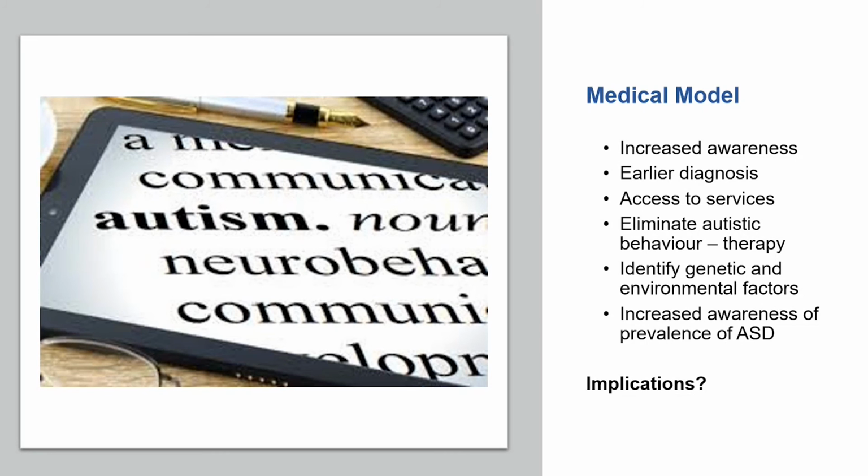Historically, the focus has been on how to eliminate or reduce autistic behaviors, mainly through therapeutic interventions. The next emphasis historically has been on identifying both genetic and environmental factors that could contribute to the prevalence of autism, and then an increased awareness of the prevalence of autism. So that has been the goal of the medical model.